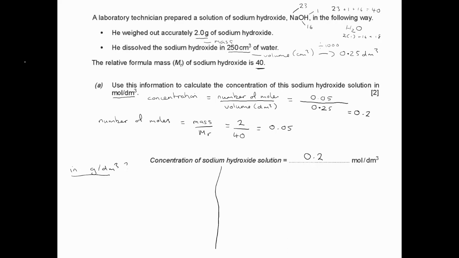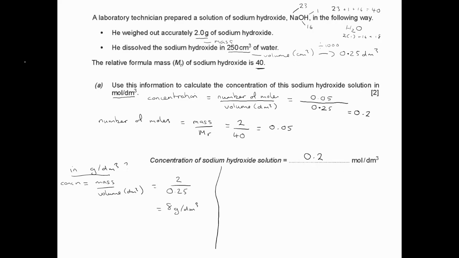So if the question asked in grams per decimeter cubed, the concentration, which I'm going to abbreviate because I've not left myself much space, would be the mass in grams divided by the volume in decimeters cubed. So in my question, the mass is 2, and our volume, which we've already converted to decimeters cubed, is 0.25. So if I divide 2 by 0.25, that gives me 8 grams per decimeter cubed.